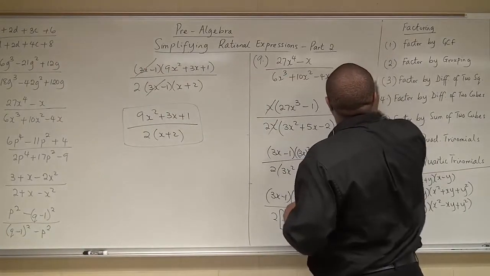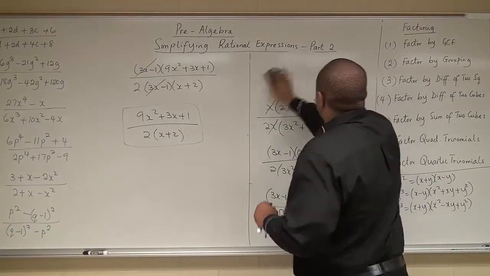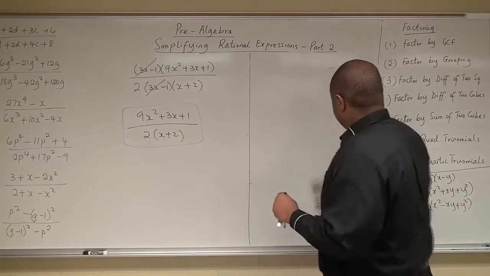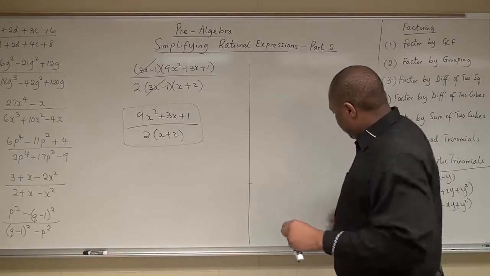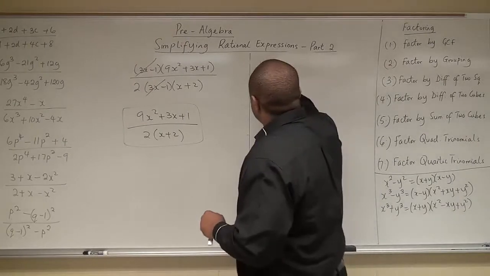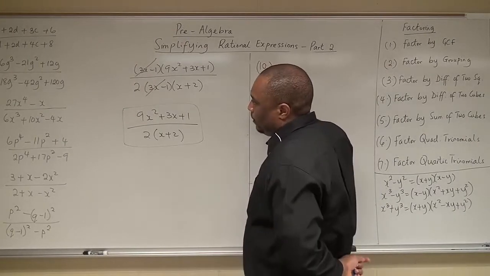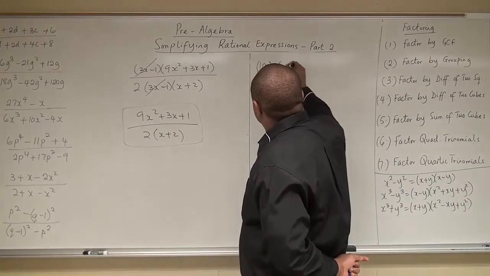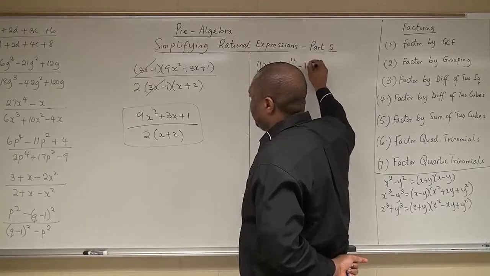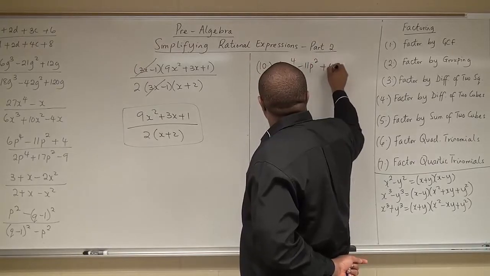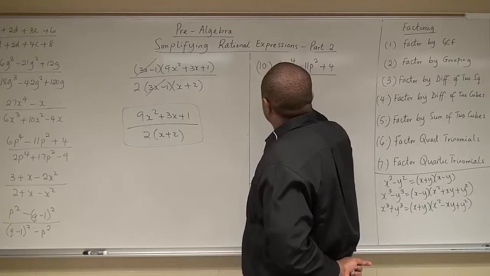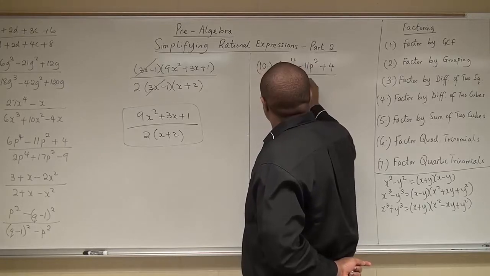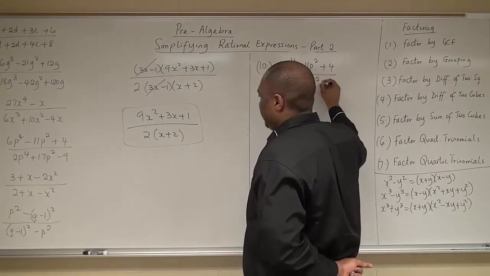Question 10. We have 6p to the 4th minus 11p squared plus 4 all over 2p to the 4th plus 17p squared minus 9.